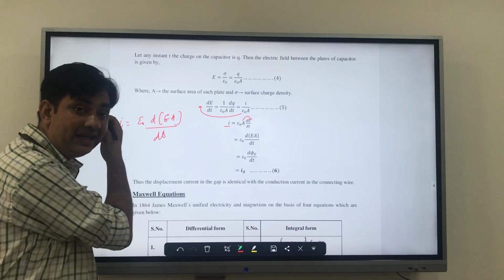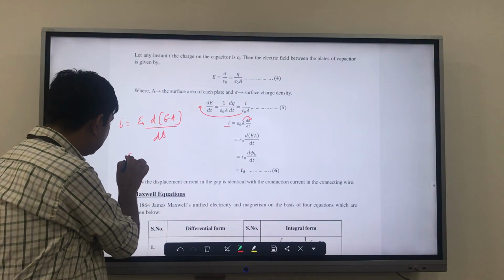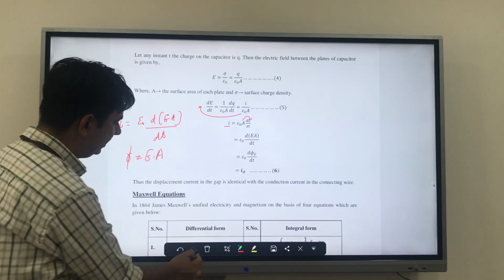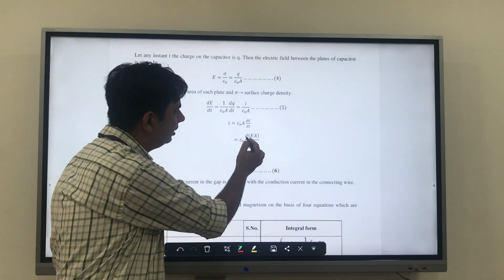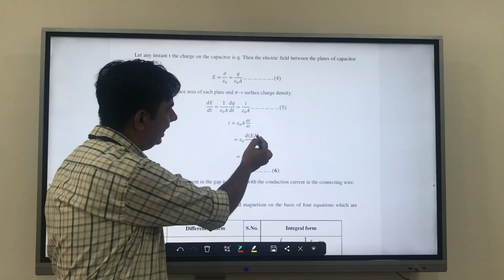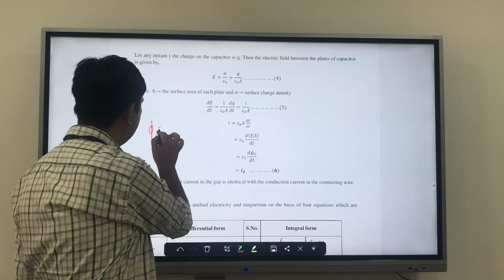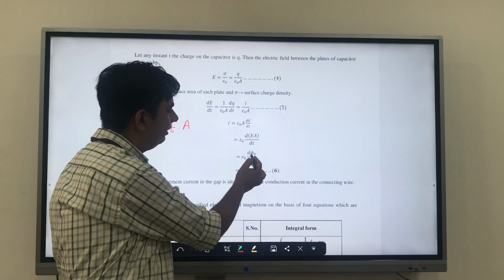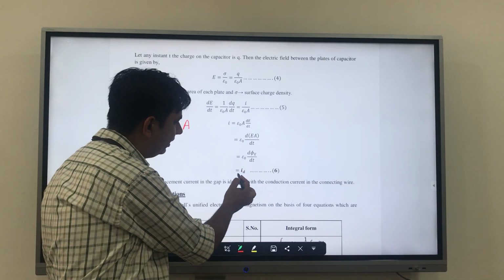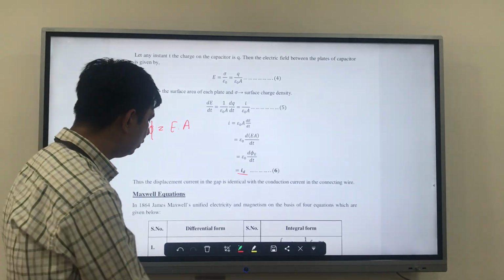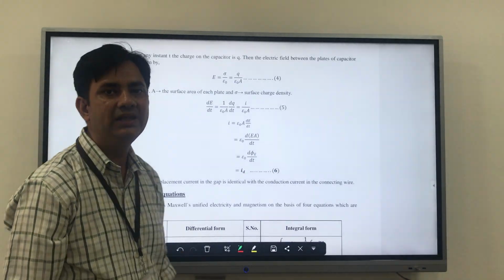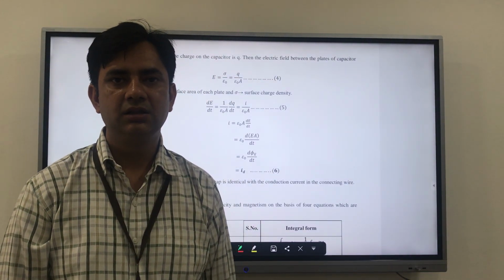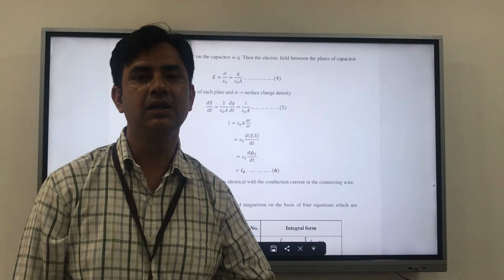We know that flux is nothing but E into A, so we can write epsilon naught d(E dot A) by dt, and this is epsilon naught d phi E by dt, which is nothing but ID. So he has proved this also. With this we will end this discussion, and in the next class we'll take some other topic. Thank you.